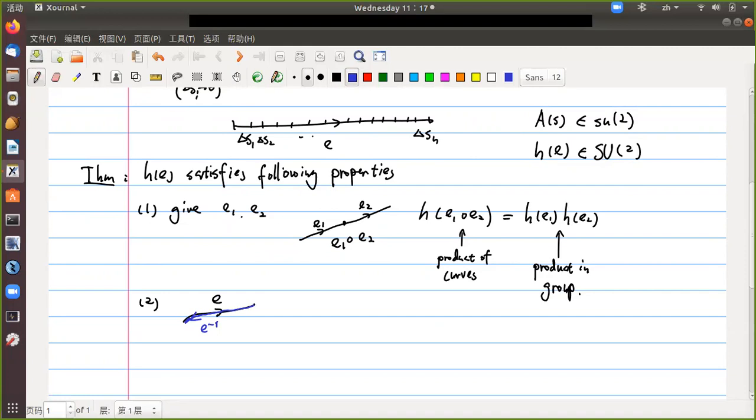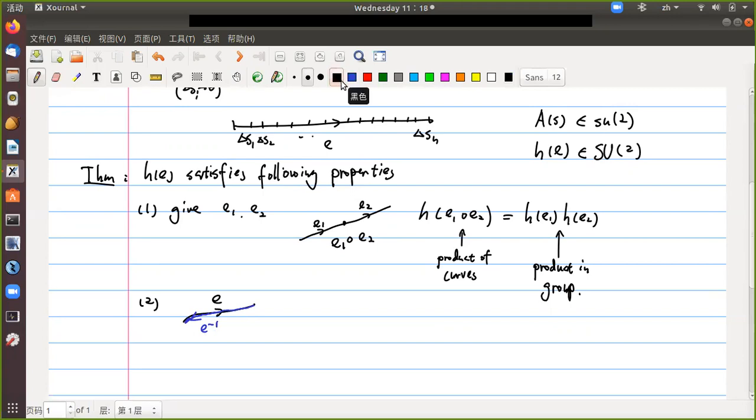Which means you change the parametrization of this curve: you call the previous 0 now 1, and you call the previous 1 now 0. So you reverse the parametrization of the curve, and you get a new curve with the opposite orientation, which we call E inverse. This is just a name.